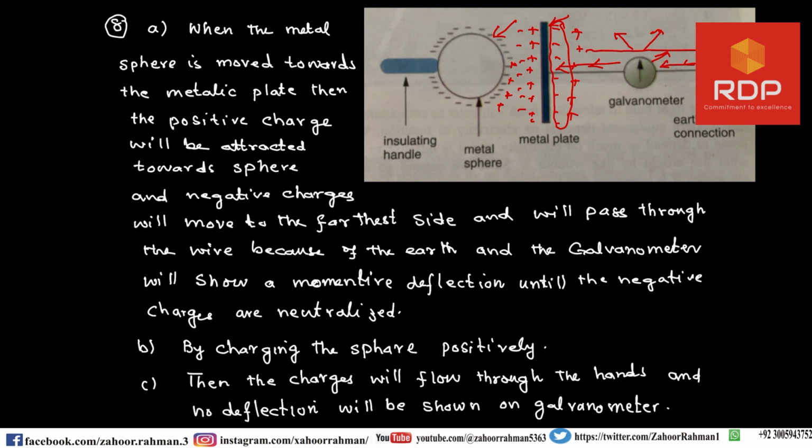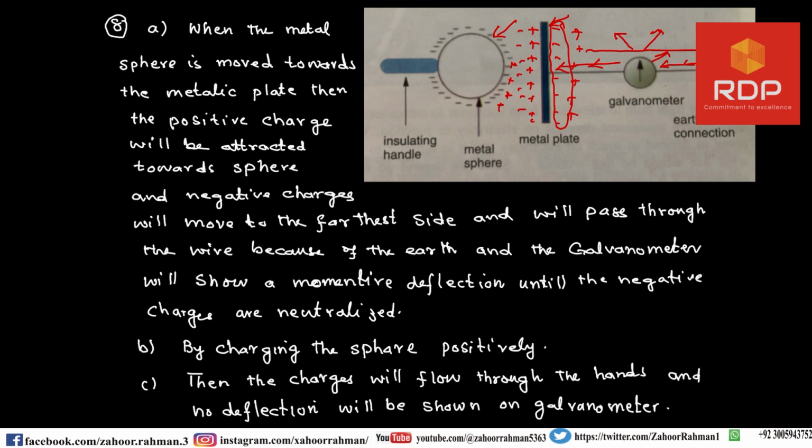Part C is saying, why is there no deflection of the galvanometer pointer if the metal sphere is held in the hand and moved towards the metal plate? Now when you hold this metal sphere in your hand, the negative charges will be neutralized through our bodies with the positive charges coming towards this negatively charged sphere.